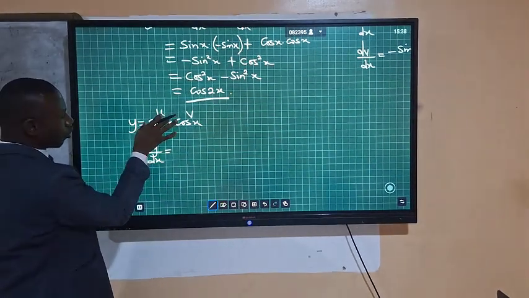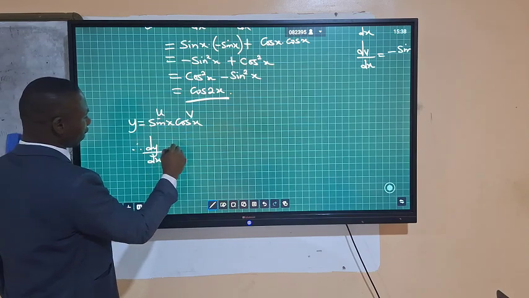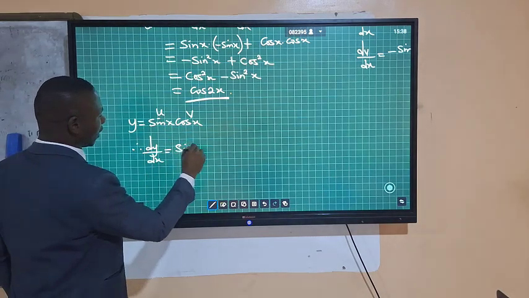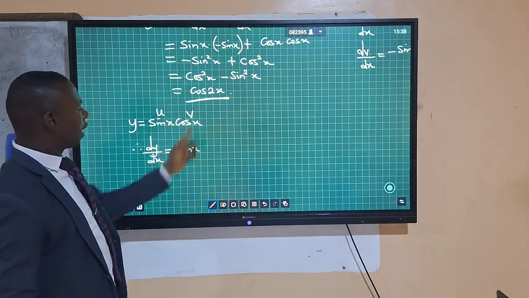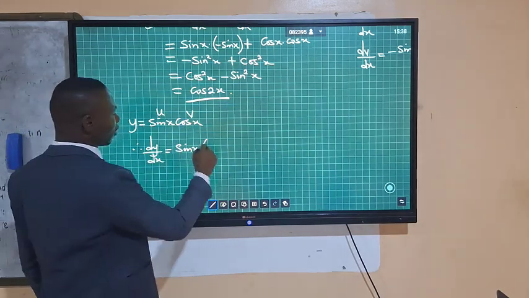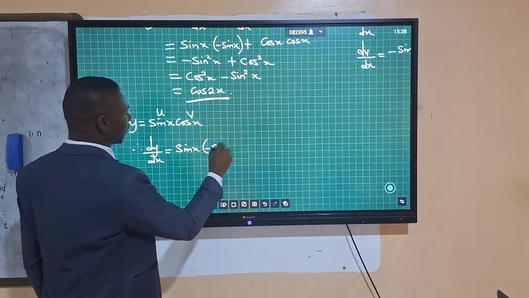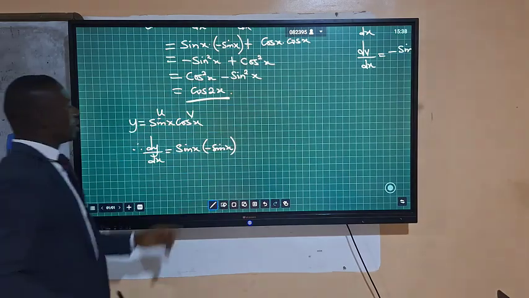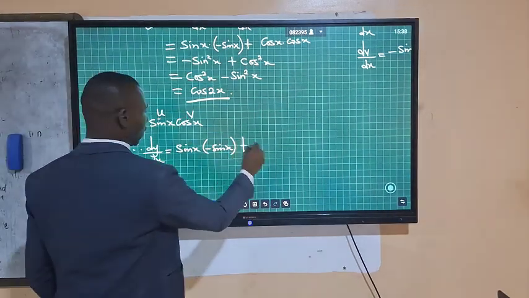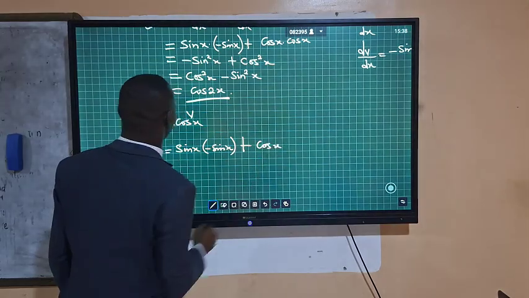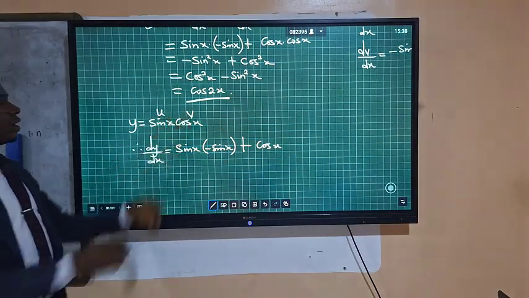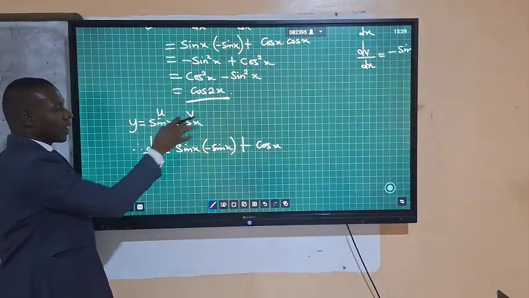I'm keeping u constant. If I keep u constant, I have sin x. Differentiate v. When you differentiate cos x, what you have is minus sin x. Then plus, keep v constant, cos x. Now, I'm keeping v constant to differentiate u.